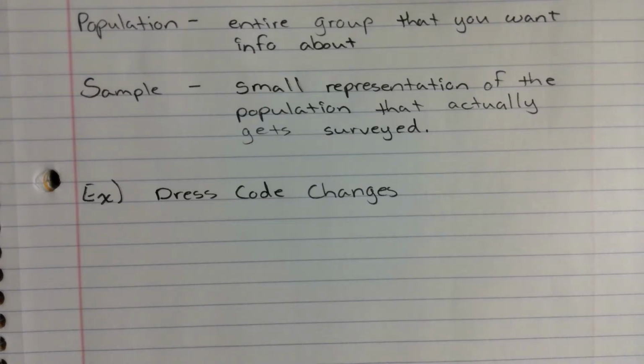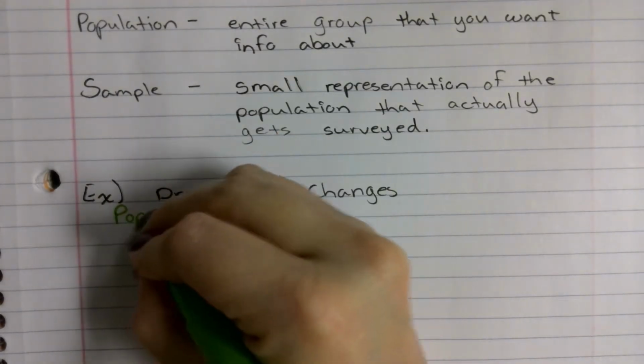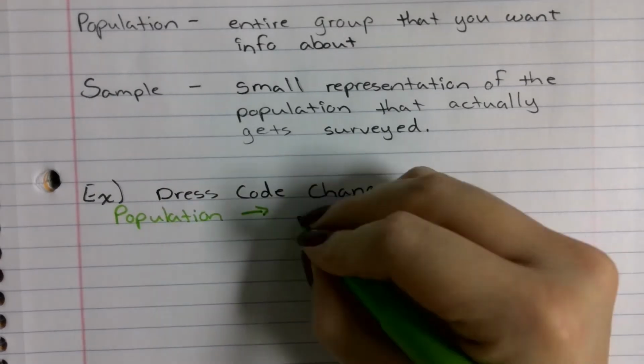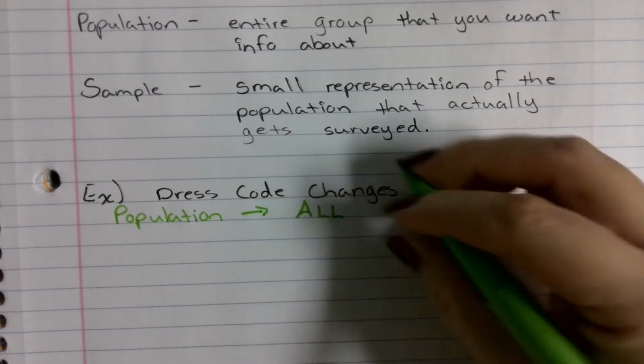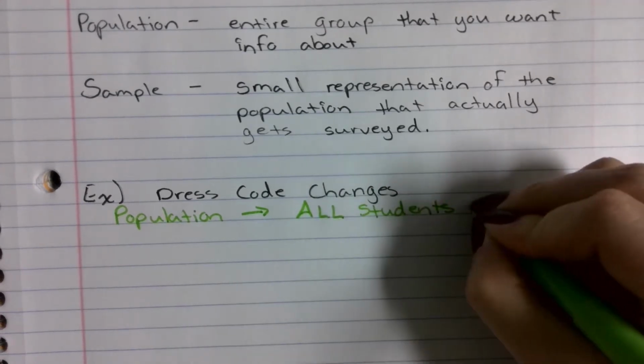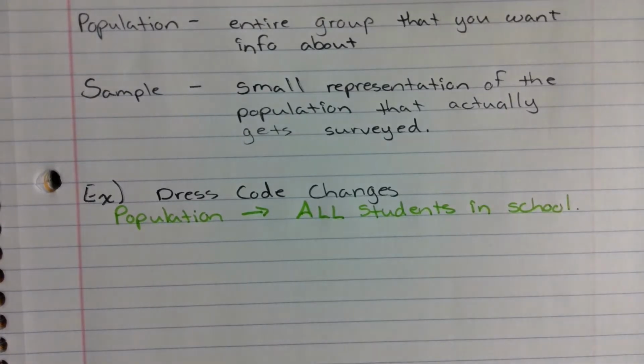Say it louder. Students, right? Students at the school. All students at the school would be considered to be the population of this group. So our population is going to be all students in school. All the students that are in the school.